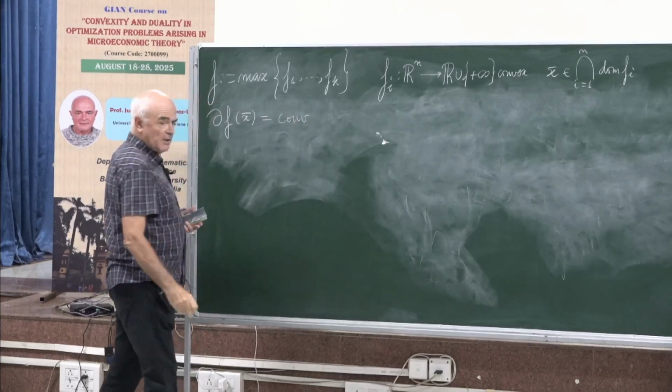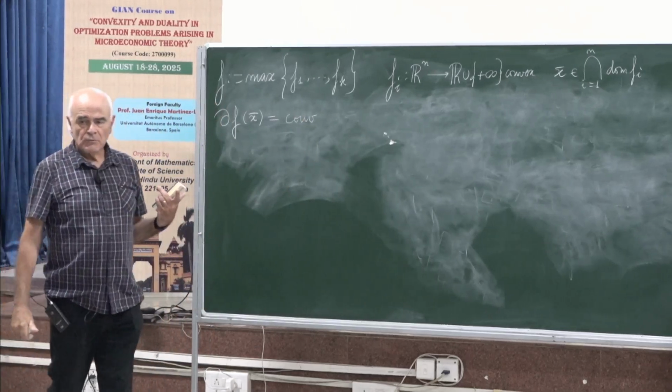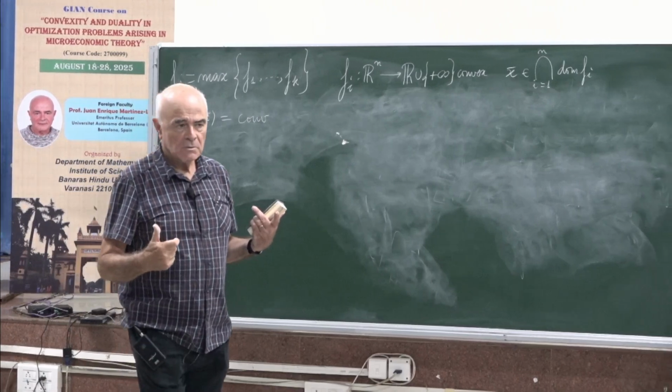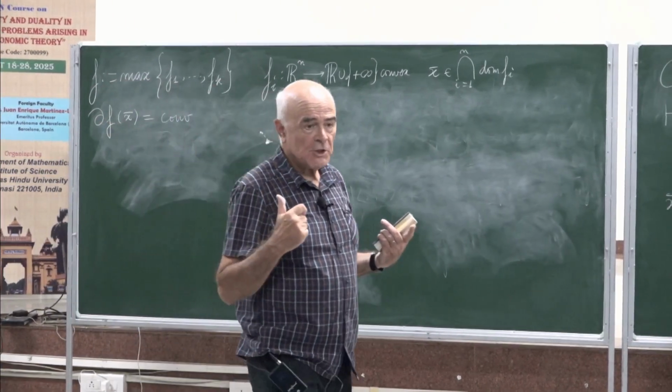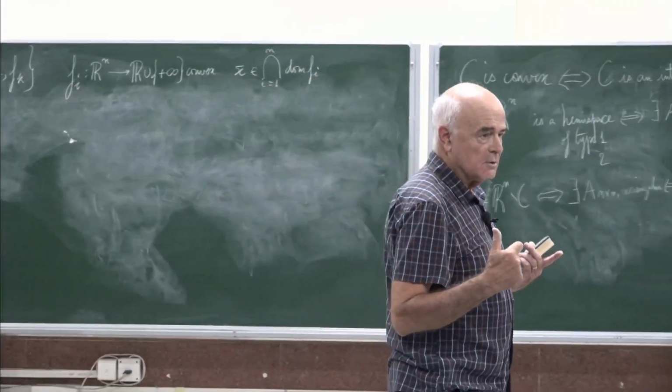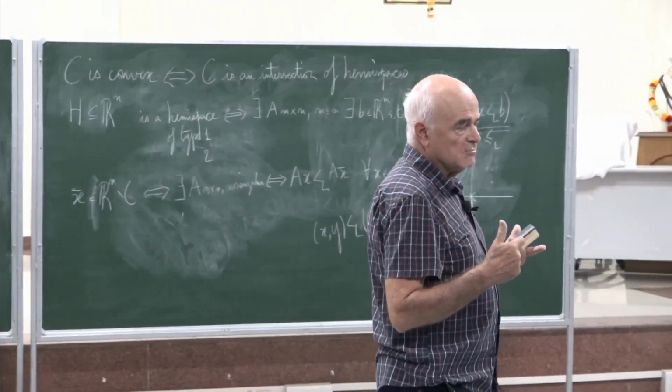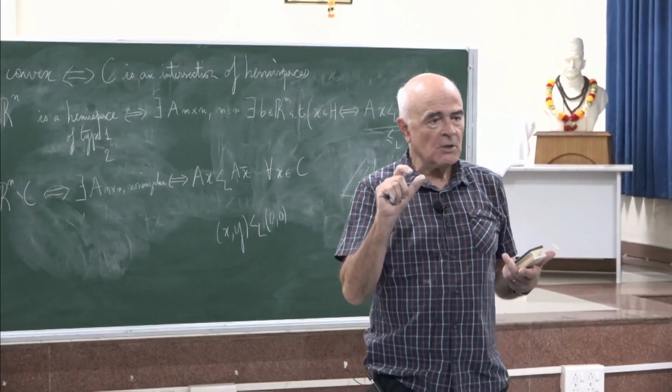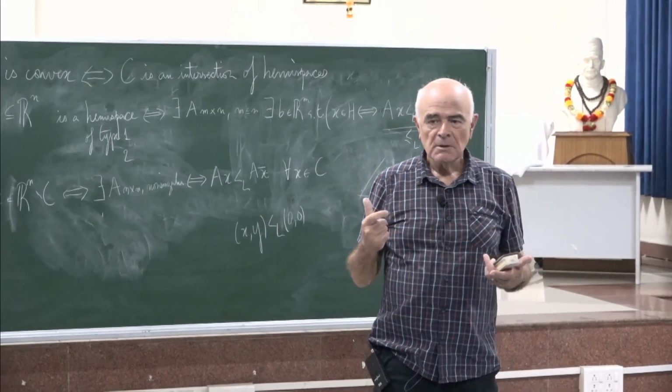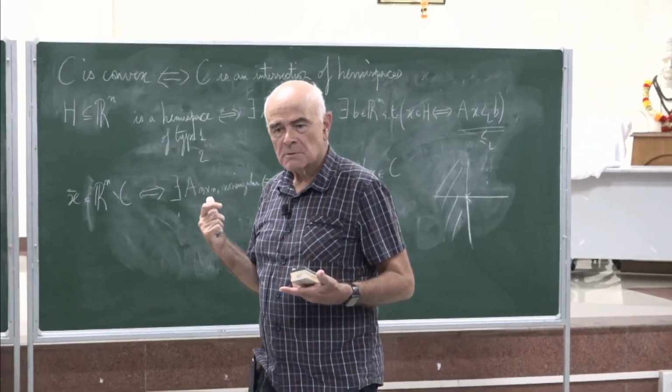I don't remember if he used conv for convex hull or just CO. Conv is the notation used in Rockafellar's book, but in recent times CO became more popular. I don't remember what he used.